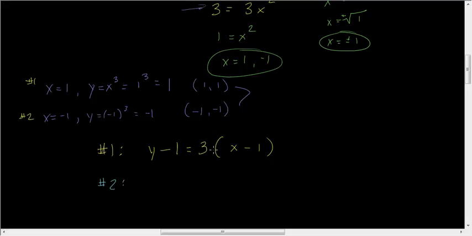The second one is y minus y1, so y minus negative 1, is equal to 3 times x minus x1, or x minus negative 1. That's it there. This is also y plus 1 is equal to 3 times x plus 1. And so there are your two possibilities for the tangent line that is parallel to our given line.